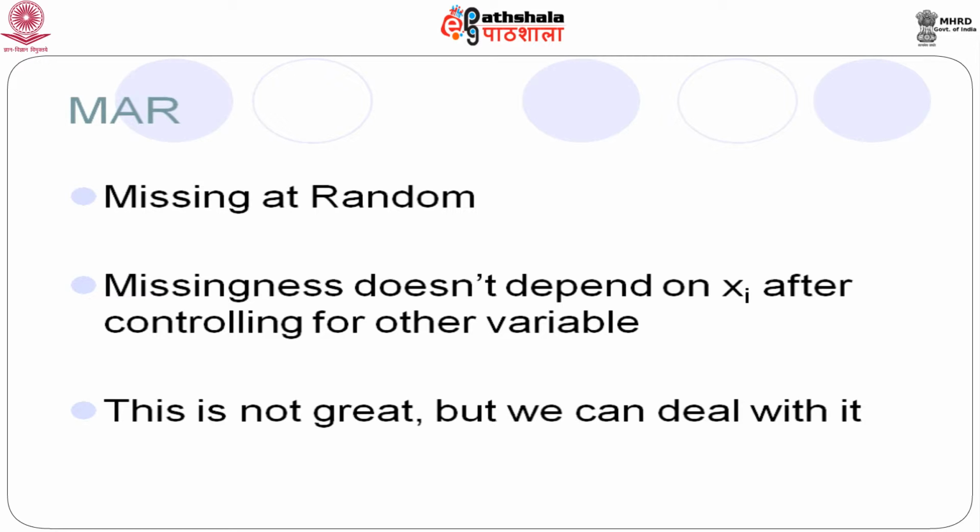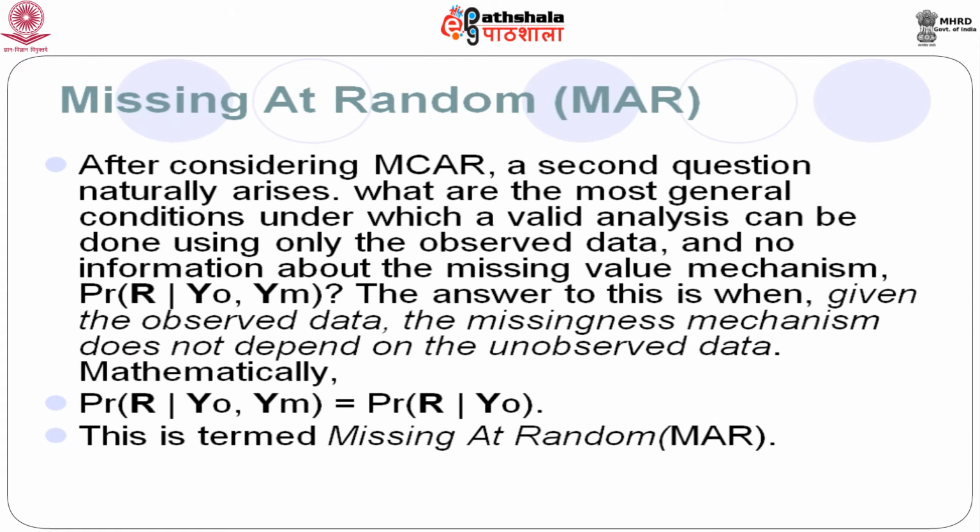Anyway, come to the next one, which is MAR, missing at random, and in this case missingness depends on the variable, except that it can depend on other variables too. This is not great, but we can deal with it.